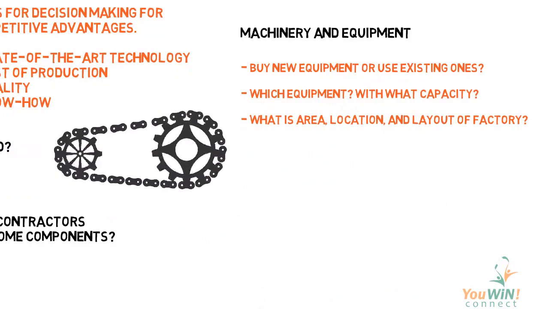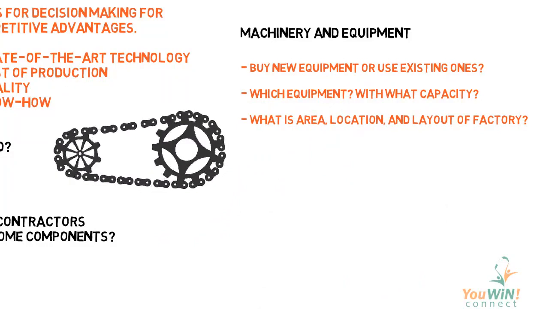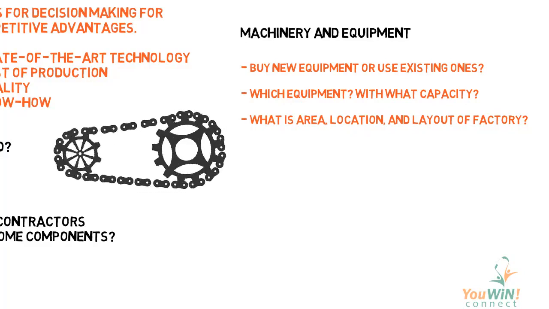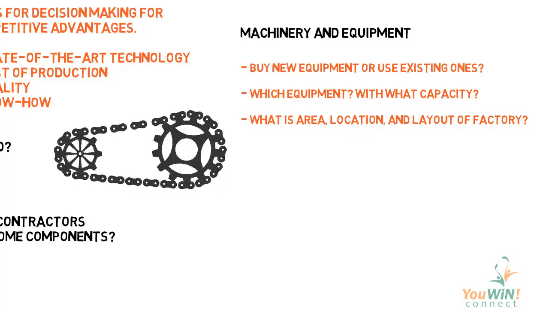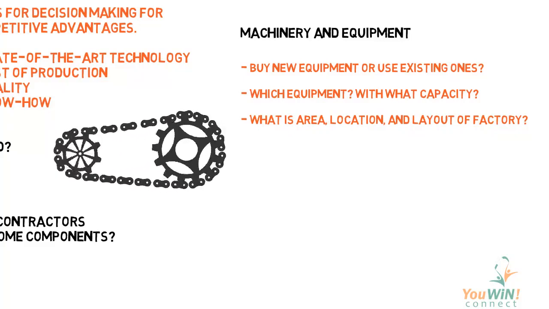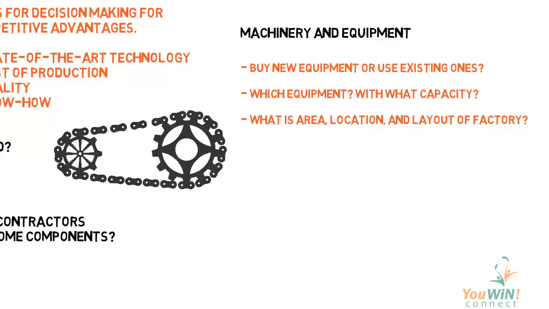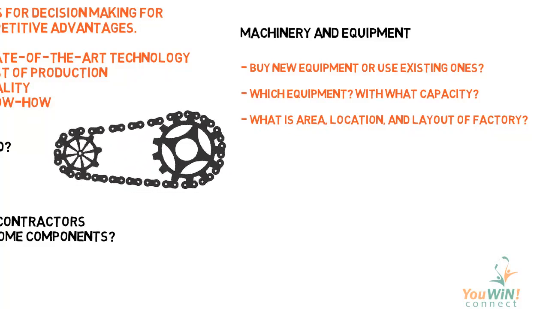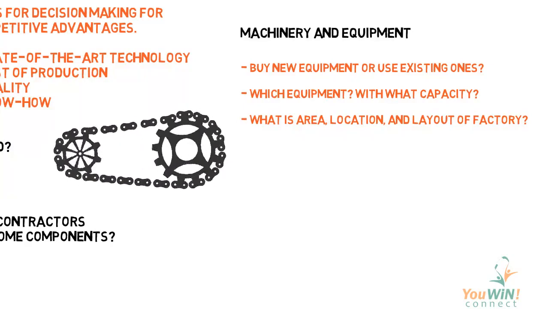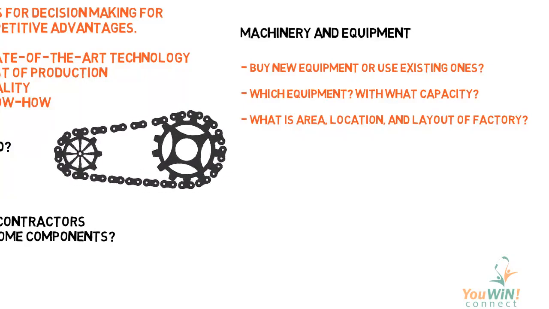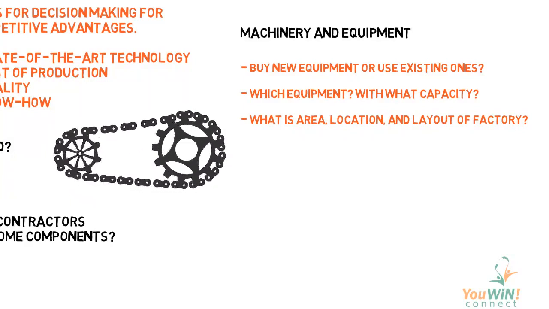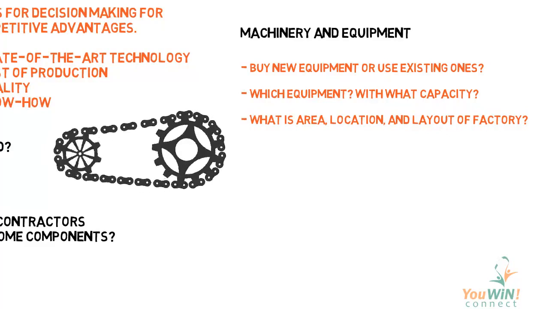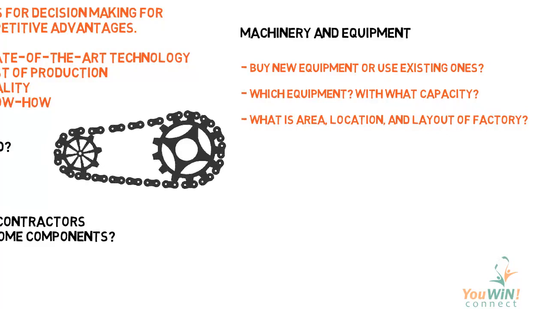This is a decision that comes up from time to time, especially when the demand for our products increases and the capacity that we have seems to have been maximized, or we feel that we do not have enough capacity on the machine to be able to produce for the market. So the question is, do we buy new equipment? Do we use existing ones and open more production shifts? Which equipment should we buy if we're buying a new one?